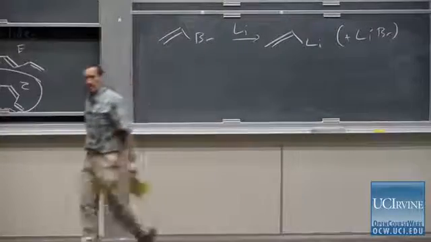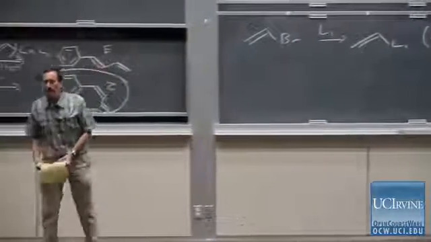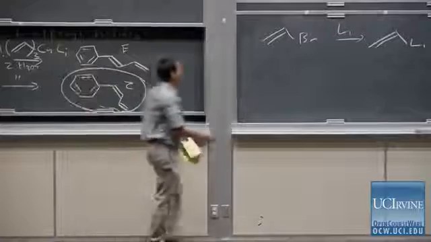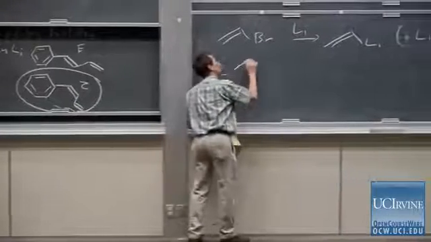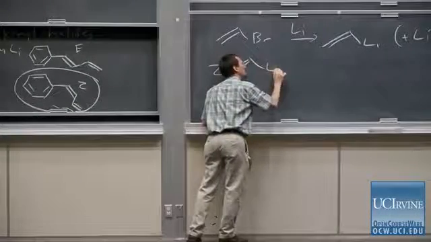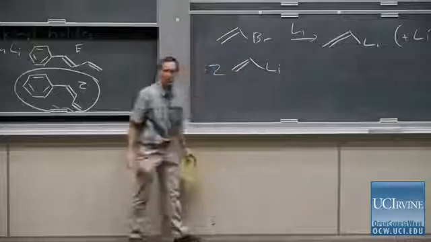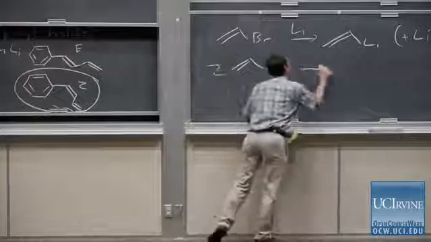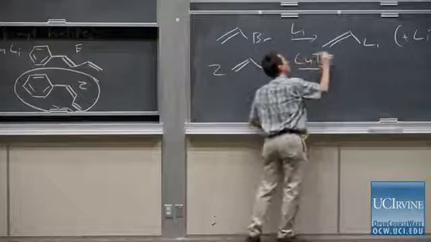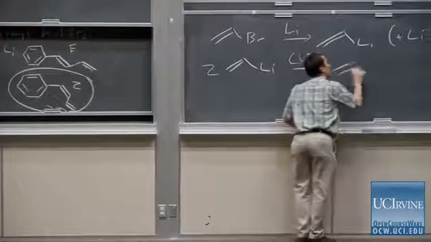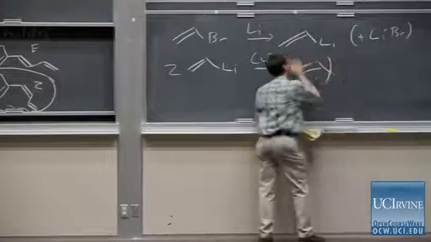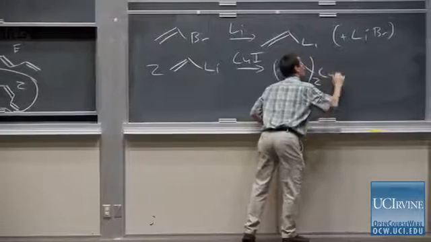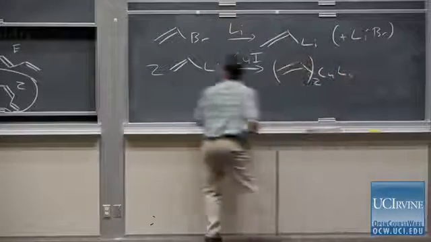In a second step, I would add cuprous iodide. And if I wanted to balance my equation, which, as I said, organic chemists often don't do, we would take 2 equivalents of vinyl lithium and treat it with cuprous iodide to get the cuprate reagent.